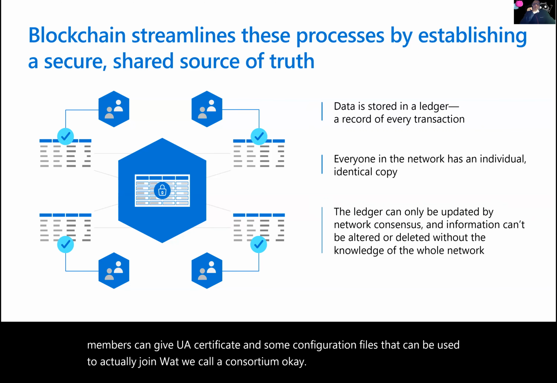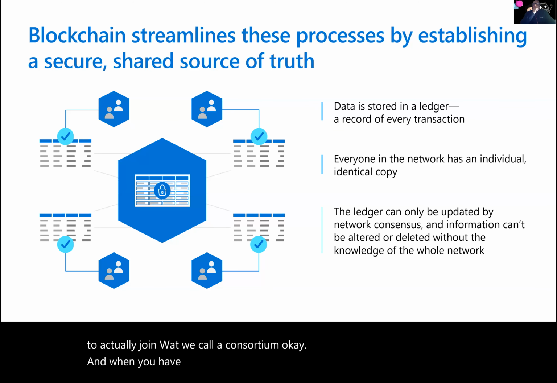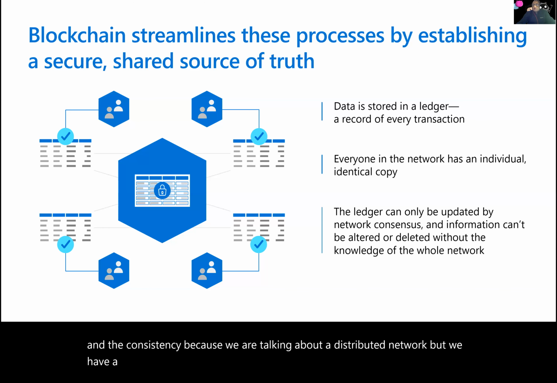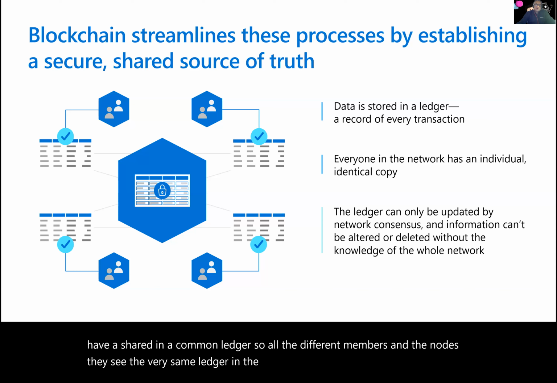And when you have a consortium, in order to achieve data reliability and consistency, because we are talking about a distributed network but with a shared and common ledger, all the different members and nodes see the very same ledger and data.